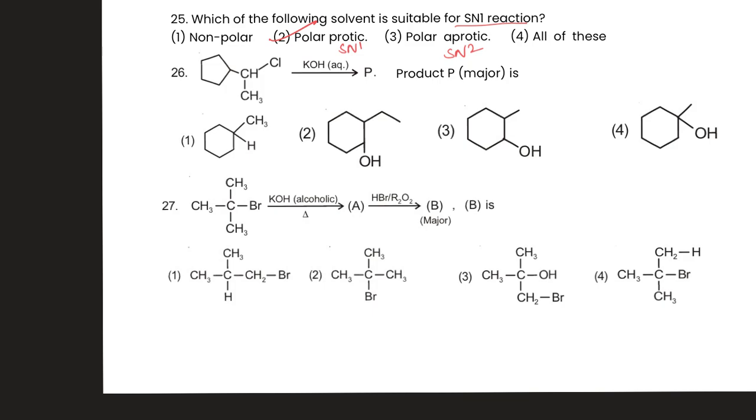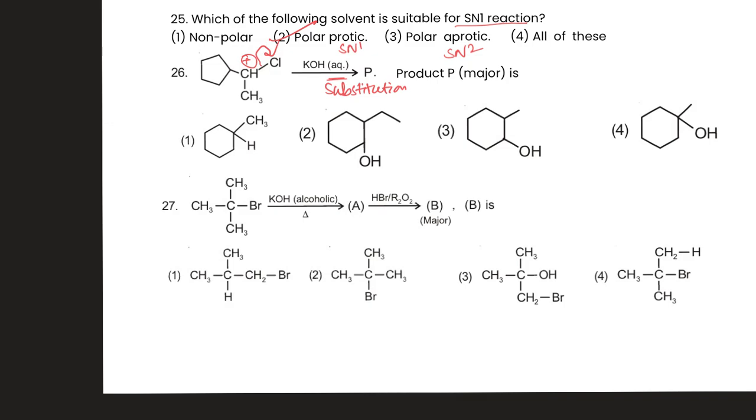Now the given compound with aqueous KOH. The word aqueous means generally it takes a substitution reaction. When Cl leaves, what will form? A 2° secondary carbocation is formed.